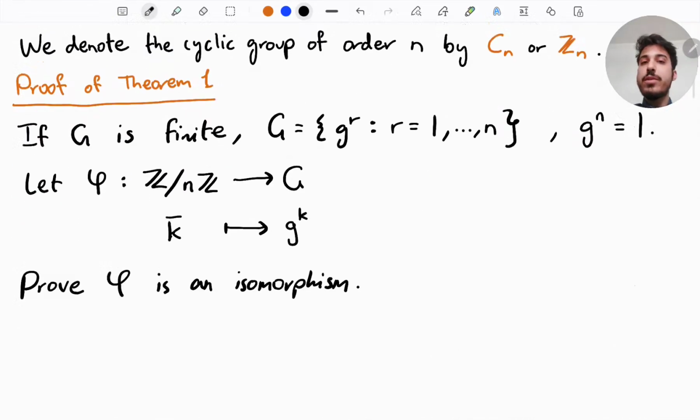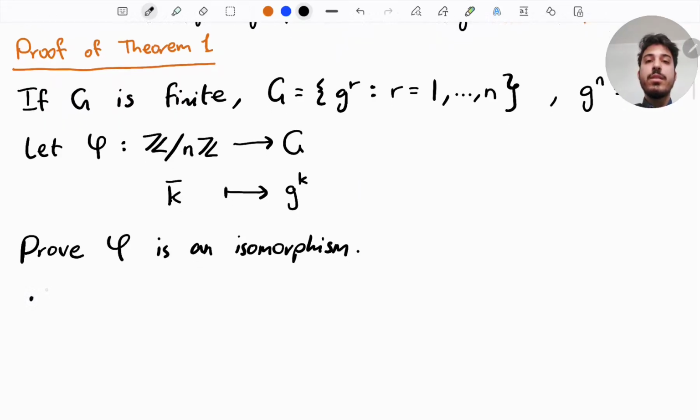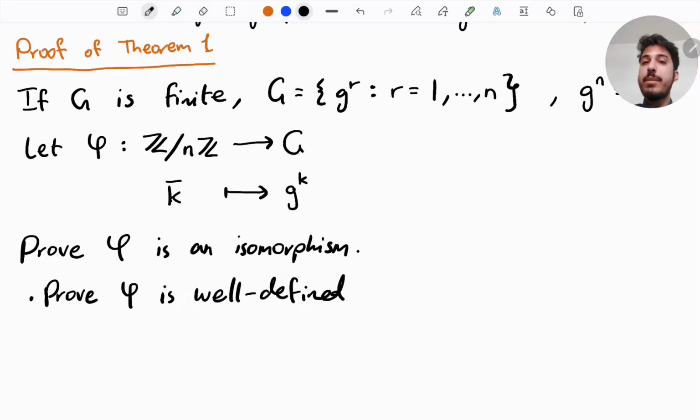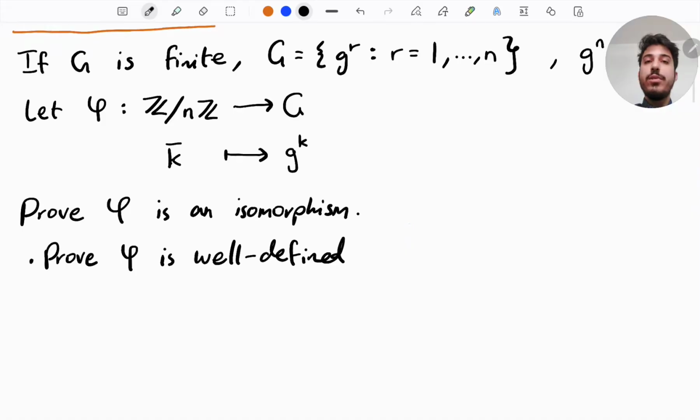To do that, we need to start by proving phi is well defined. To prove that a map is well defined, we need to say that if a is equal to b, then phi of a is equal to phi of b. So if the inputs are the same, then the outputs must be the same as well.